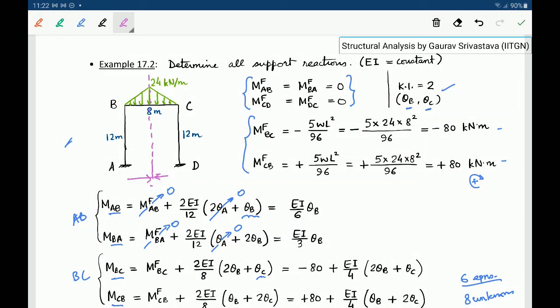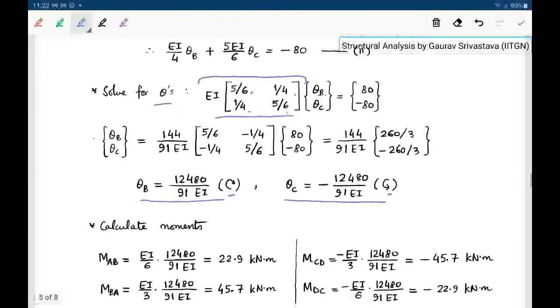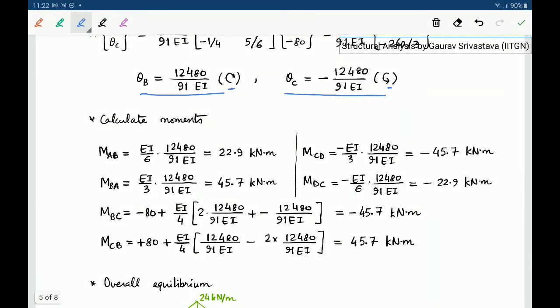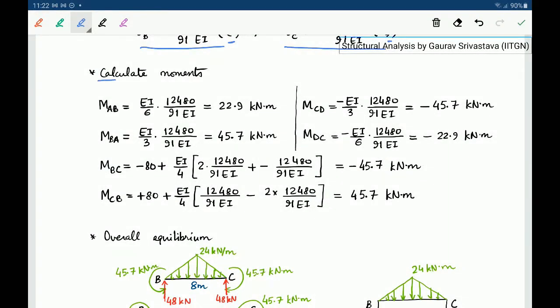About this line there is a mirror image symmetry, right? So whatever is the rotation at B, the amount will be equal, but the direction will be opposite for C, which is what we get. Okay, so these are a few things which you can keep checking, of what to expect physically and what you are getting numerically.